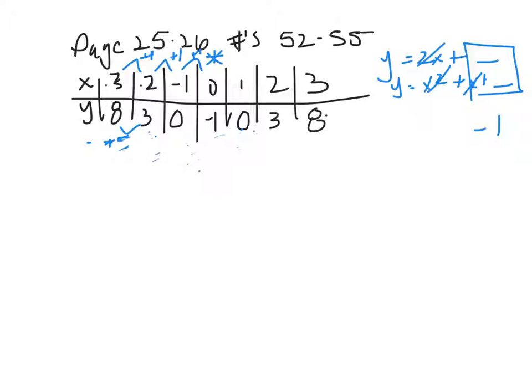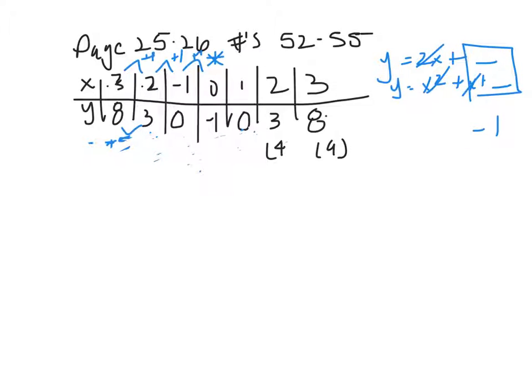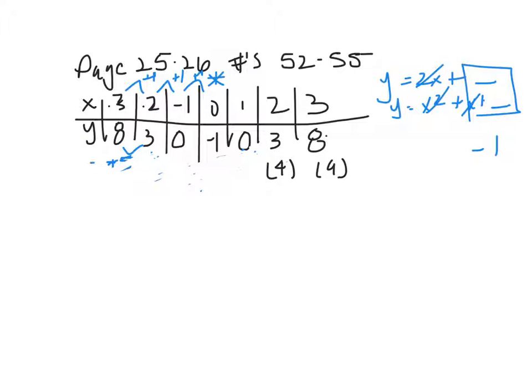If I added 1 back in, it would be a 9. This 3 would really be a 4 before the 1 was subtracted. This 0 would be a 1. This negative 1 would be a 0. A 1, a 4, another 9.